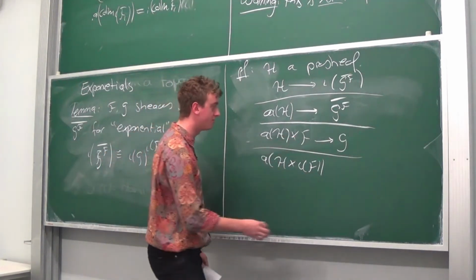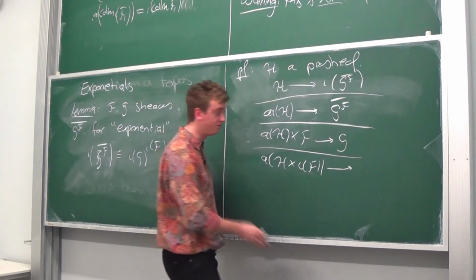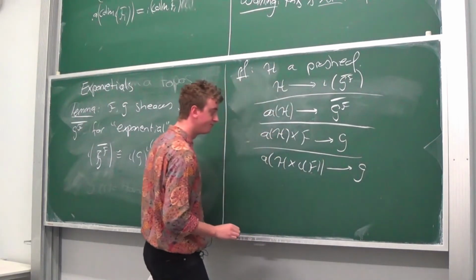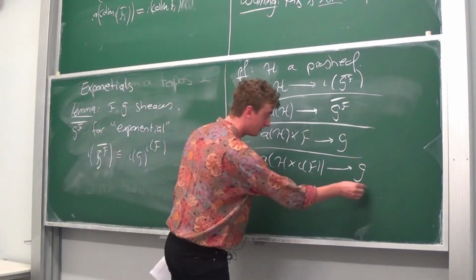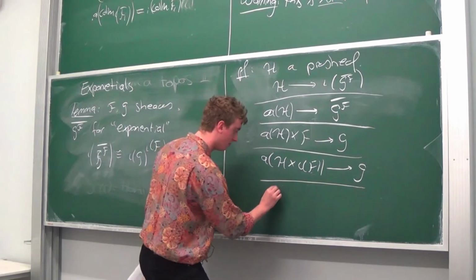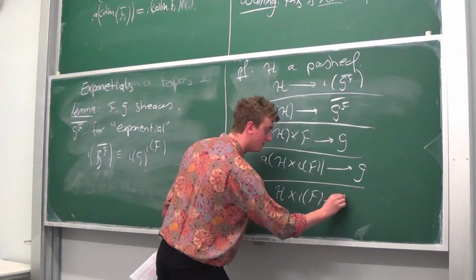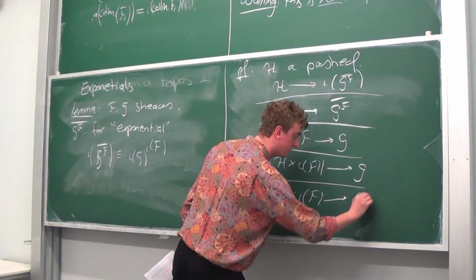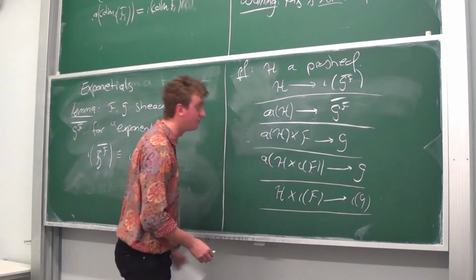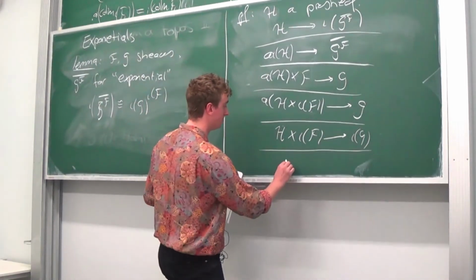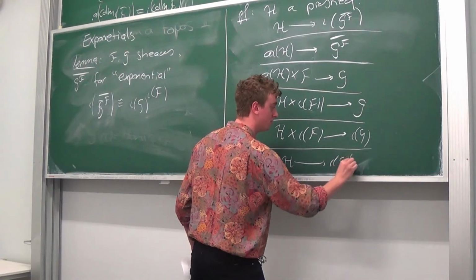So this is actually adjoint to a morphism from the sheafification of this product pre-sheaf into G. But then we can apply the adjoint property of sheafification again to show that this is a morphism from H times iota of F into iota of G. And then we finish by concluding that that's adjoint to a morphism H into iota of G to the iota of F.